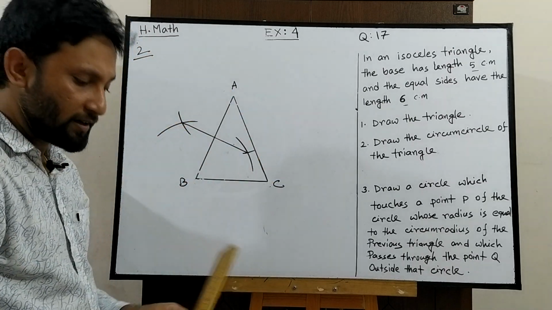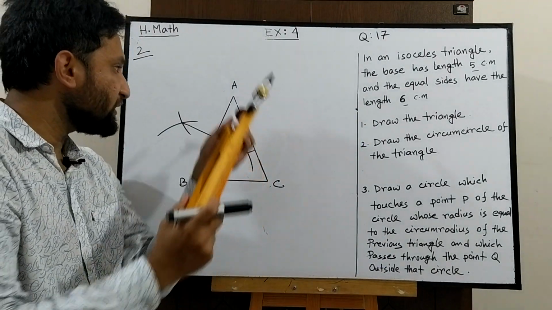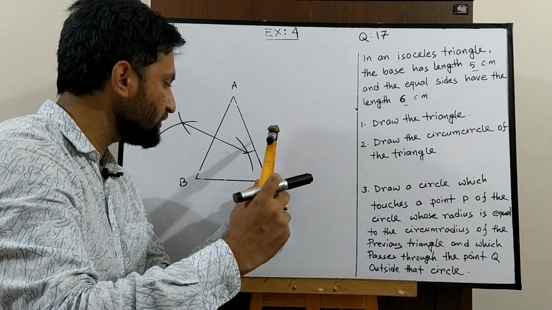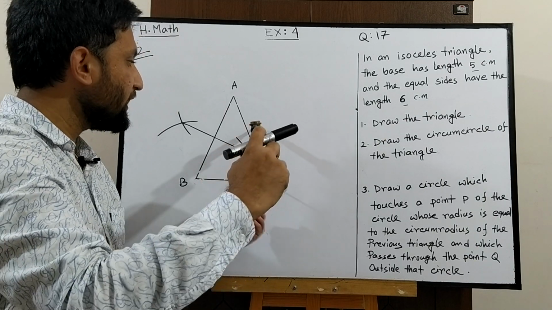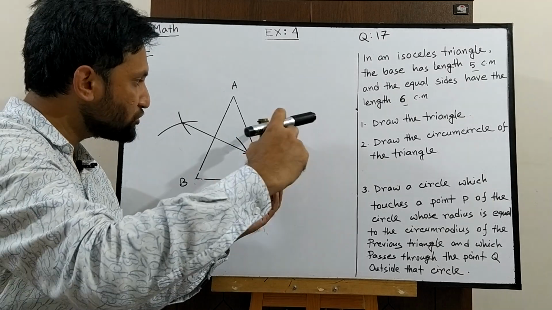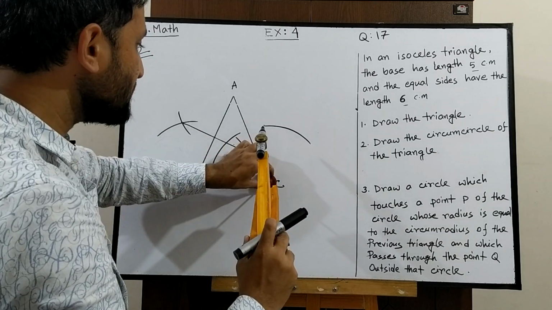Again draw another bisector line, of AC. Set the compass at point C and, with a measurement more than half, draw two arcs on the right side and left side.